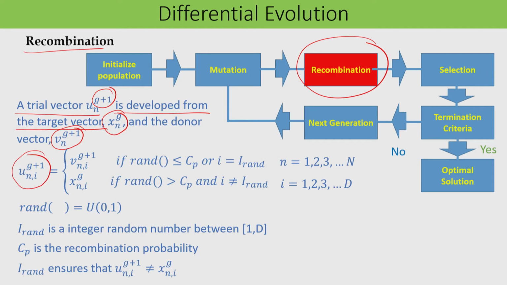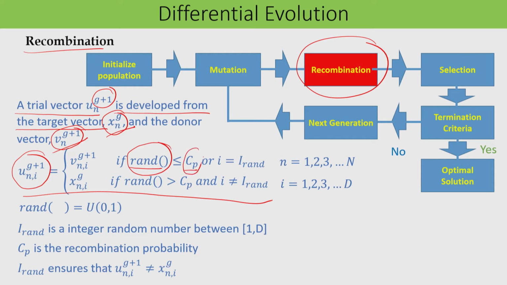So, you just see now whatever new vector we are getting. This vector is a combination, that means some variables are from the target vector and some variables from the donor vector. So, we can use this particular process. What is this process? u_n,i,G+1 equals v_n,i,G+1 if a random number, so we are generating a random number, is less than Cp.